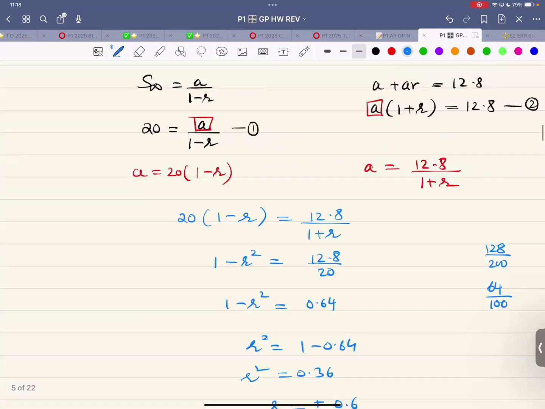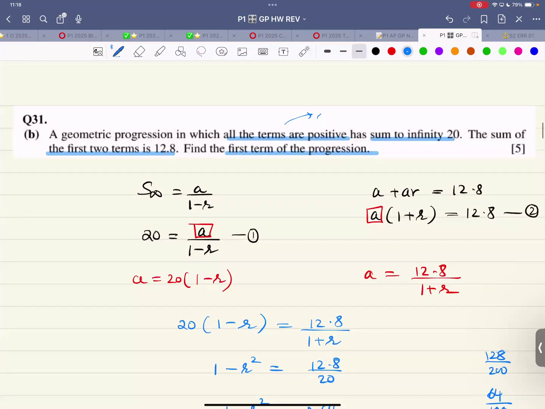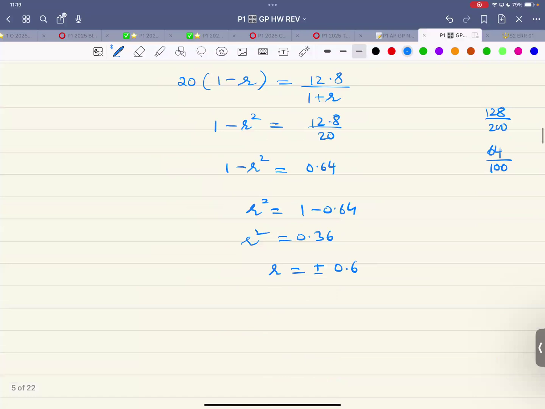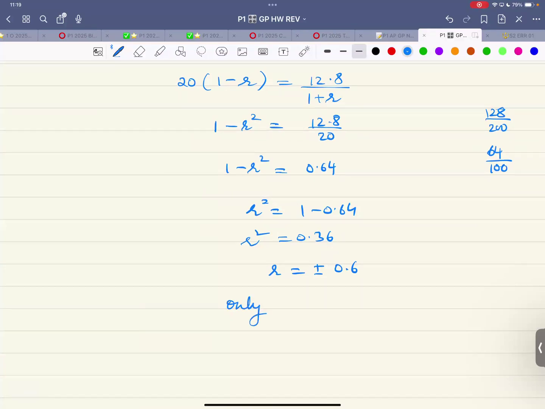All good? So now it says all terms are positive. Therefore, common ratio is positive. Therefore, only, and do write these statements, why you are rejecting, why you are accepting. Only accept R equals positive 0.6 since all terms in GP are positive.